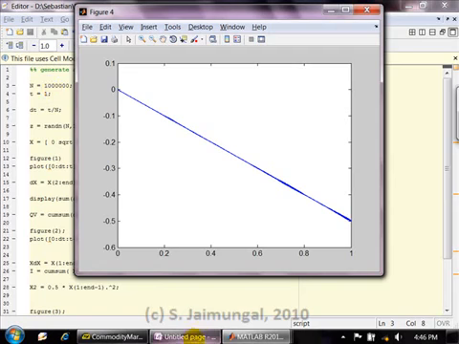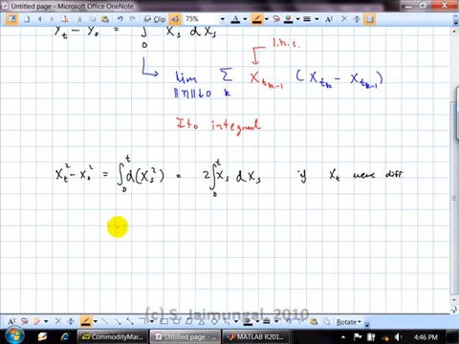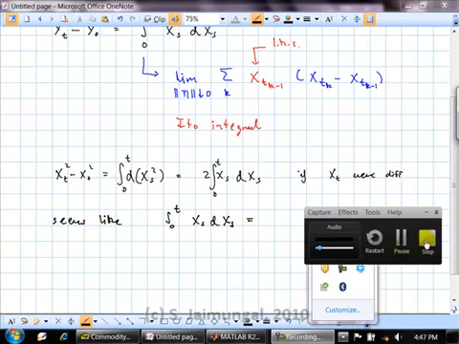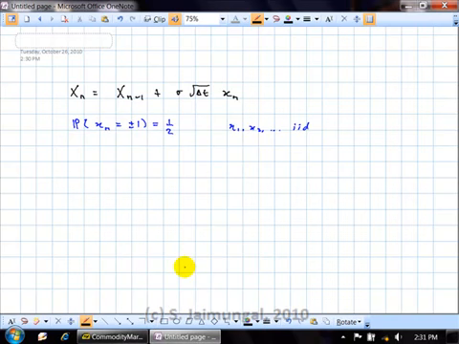We're going to see, is it actually true? So it seems like the integral from 0 to t of xs ds is equal to, what can you tell me? What do we know about this random variable x?